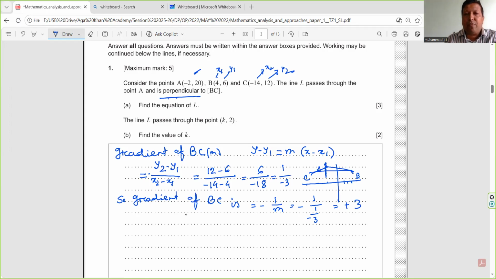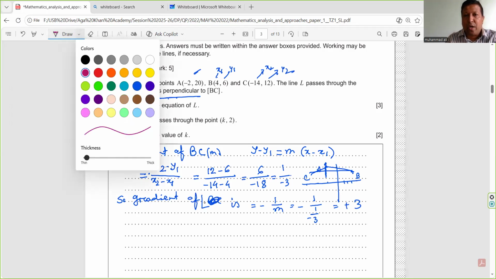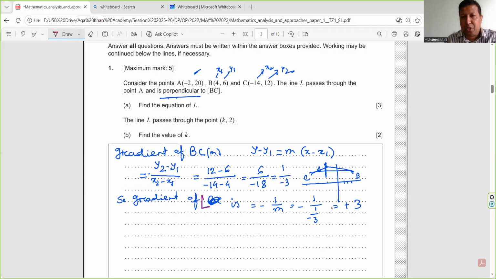So the gradient of L, because L is perpendicular to BC, will be the negative reciprocal of the gradient of BC, as it is minus 1 by 3. So it will be plus 3. You just remember, for perpendicular lines, both gradients' product will be minus 1. So the gradient of L will be plus 3.